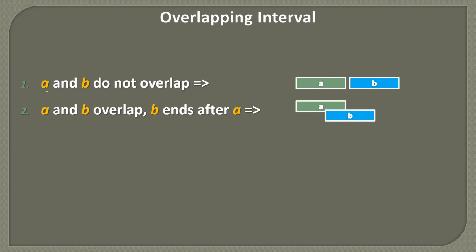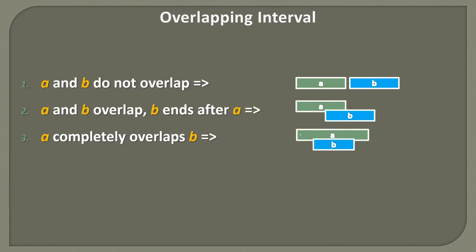Here one thing we are assuming is A will always come before B. So this diagram will make sense, that B ends after A. And if A completely overlaps B, it would look something like this. But still A is coming before B.